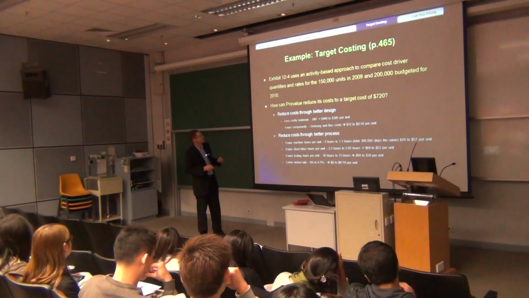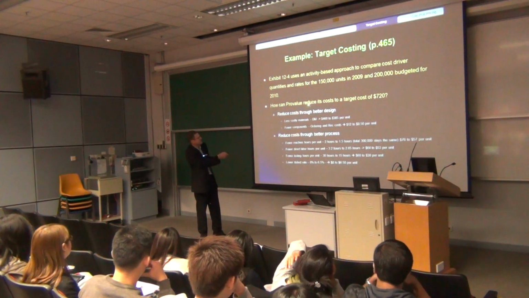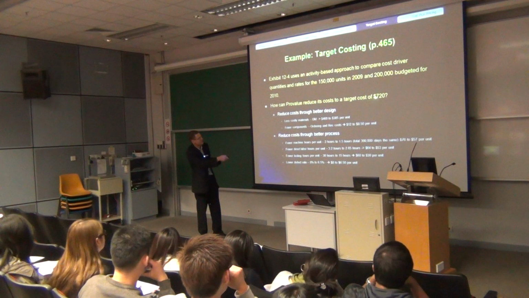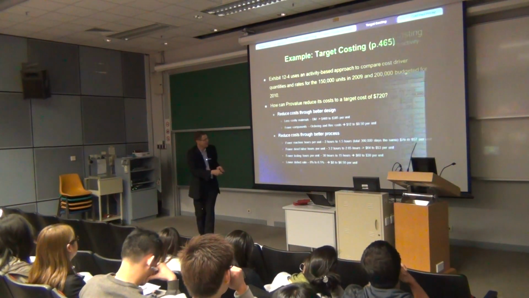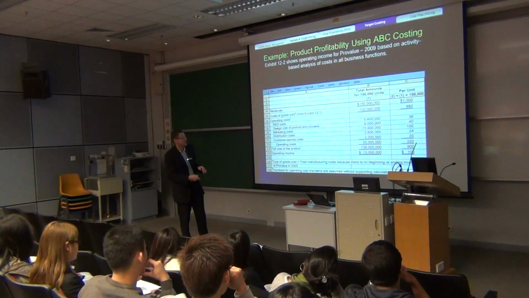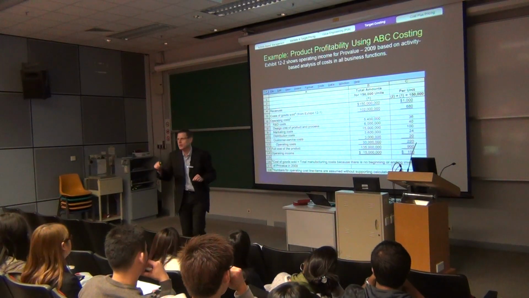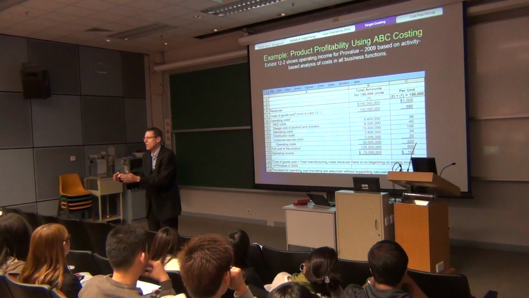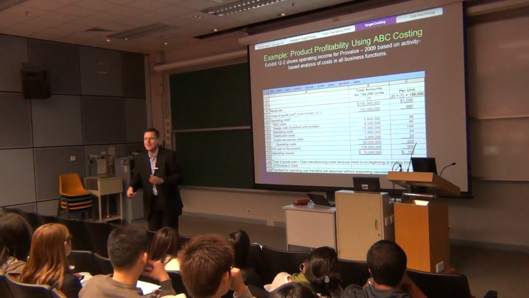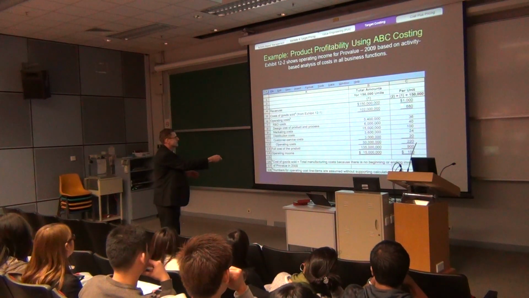So the big question: how can ProValue reduce its cost to a target cost of 720? Well, wait a minute, what is the total cost per unit for this product at the starting point of this example? It's 680.